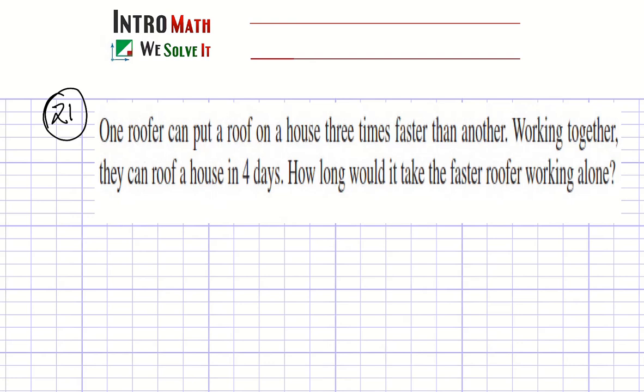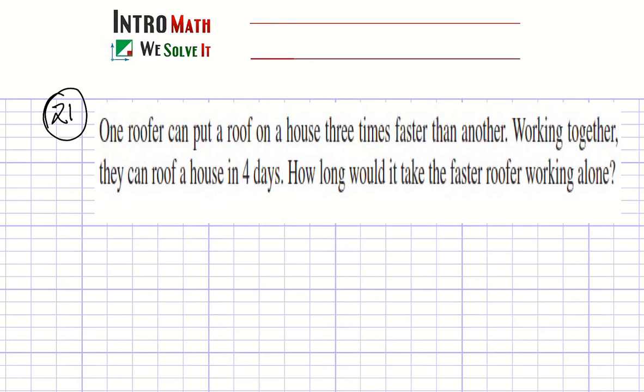T is the time they will use to do it jointly. Time can be anything. Time can be in seconds, minutes, hours, days, weeks, or years. So you just take what they tell you in the problem.